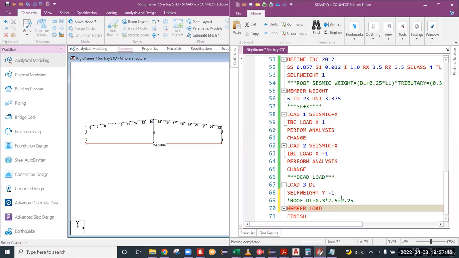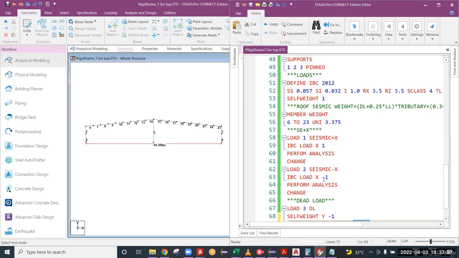We are applying this load on the beams only, so I have taken the member load command. Make sure you apply this load in kilonewtons and meters, because 2.25 is kilonewton per meter.